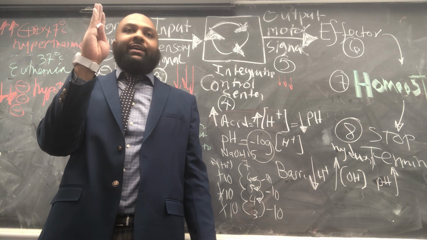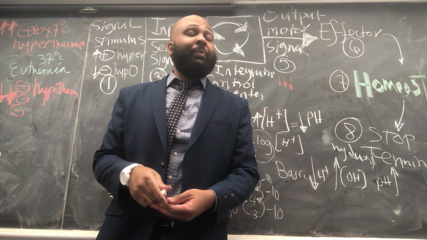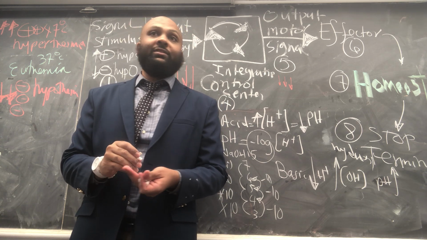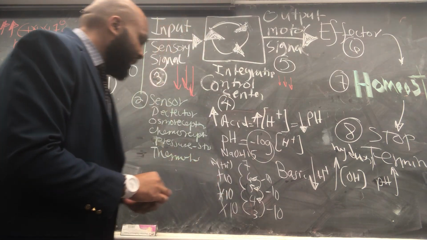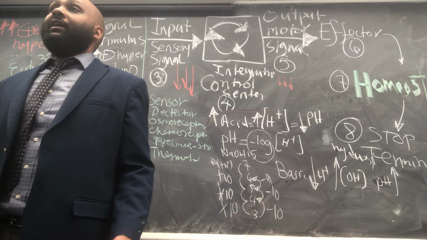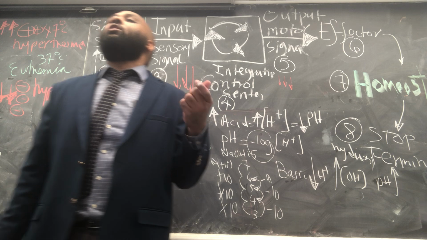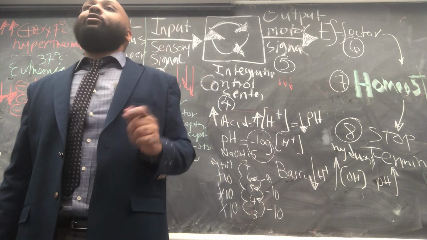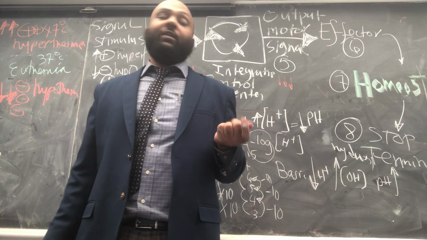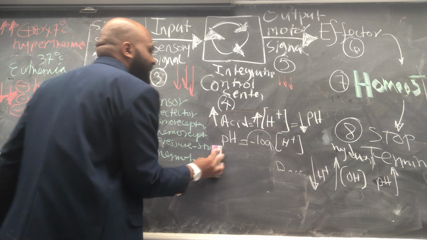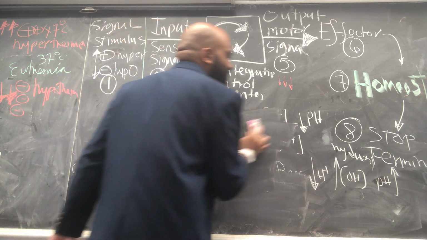Our blood, you need to know that one too. What's the pH of your blood? Can't be going around not knowing your own blood pH. So that's how you're going to know the range to find out if the pH is too low or too high. How are you going to know that if you don't even know the pH of your own blood?